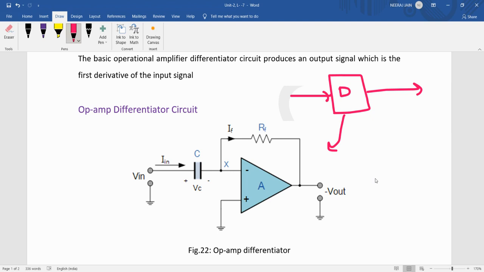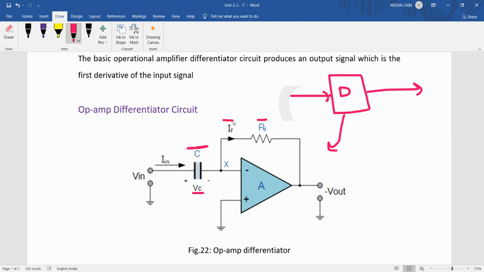As shown in the figure, it is like an inverting amplifier. In this circuit, the capacitor is used here. Voltage across the capacitor is denoted by Vc. In is the input current. Vin is the input voltage. Rf is the feedback resistance.